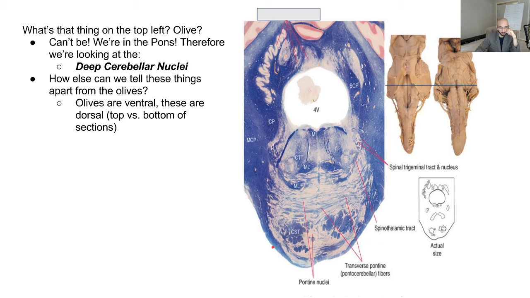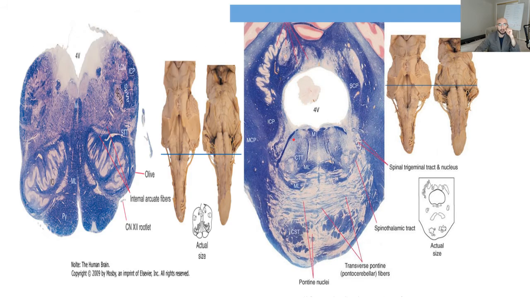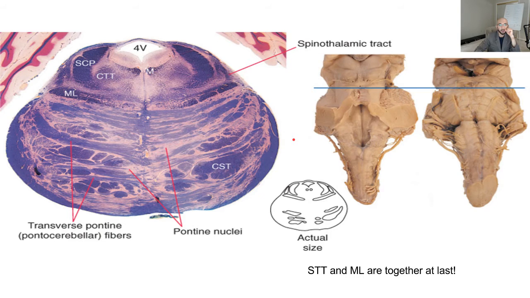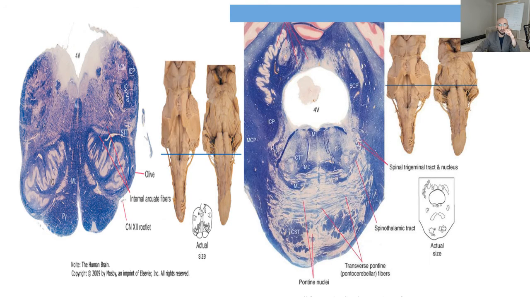You can see them on both sides. They're just not labeled on both sides. Okay, I see what you mean. Good question. I don't know the answer to it. Obviously, this is one set of slides that I'm teaching from.